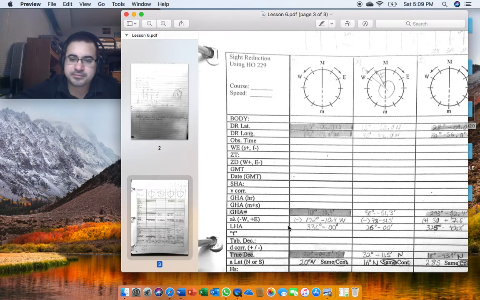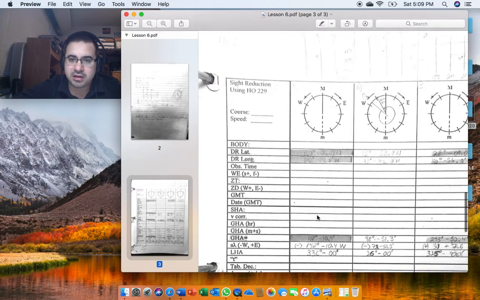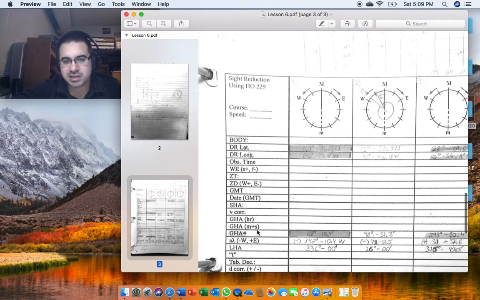Now the longitude is a little more complicated, but there's a little rule here, right? Negative west, plus east. When it's west, it's easier because all you're going to do is take our GHA, which we will solve for in future lessons, but we have 118 10.4, right?